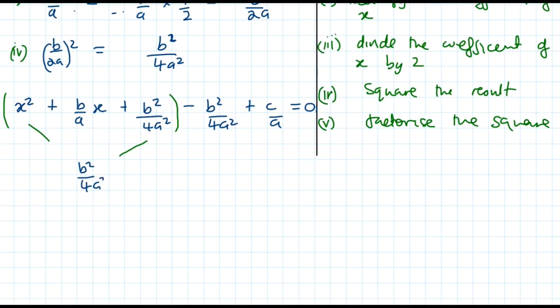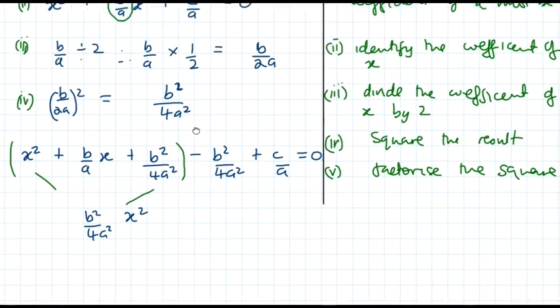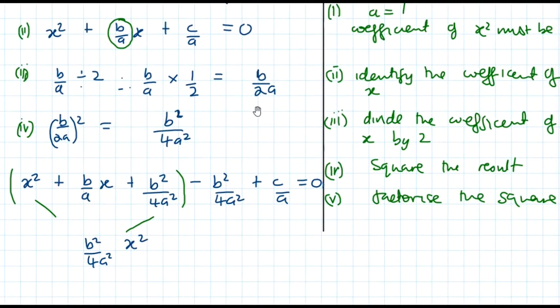When we multiply those terms and factors, they should give us b squared over 4a squared x squared, right? And those same factors, they should also give us b over a x when we add or subtract them, right? And we go through trial and error until we get those two terms. But with completing the square, we don't have to stress much about that, because the third and the fourth step make things easier for us.